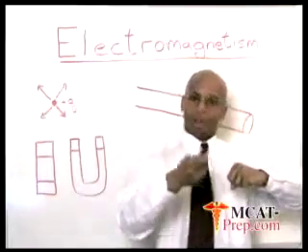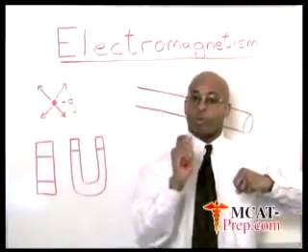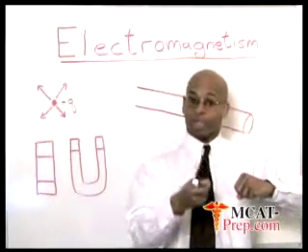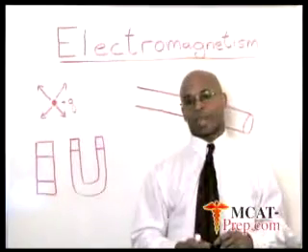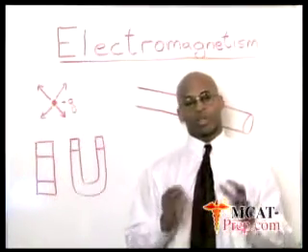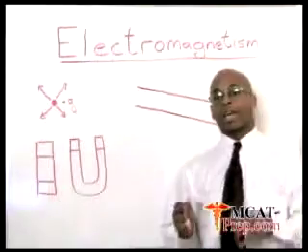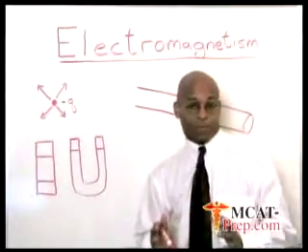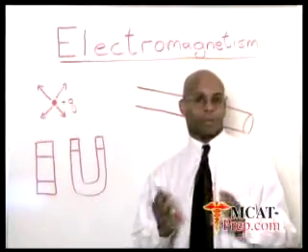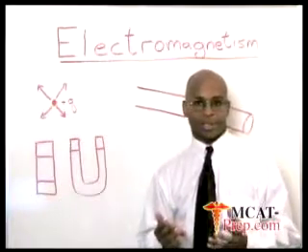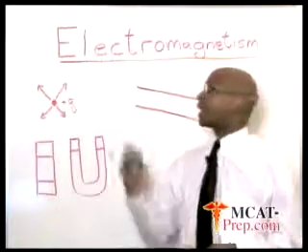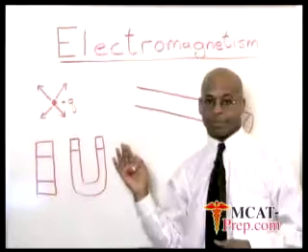It can spin clockwise or counterclockwise. Well, the fact that it's spinning or moving, there's a magnetism associated with that as well. So there is a relationship between electricity, or the movement of current or electrons, and magnetism, and that's electromagnetism.